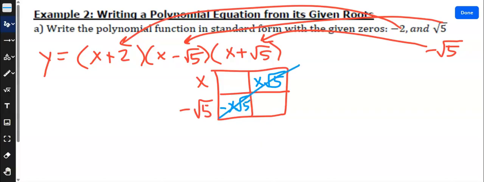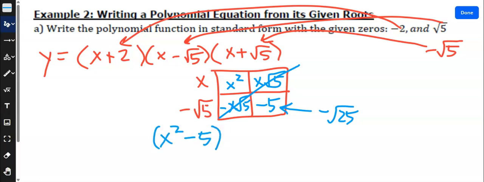Every single time those two cancel out. So really, I'm concentrating on this one, x squared, and then this one down here, which is negative radical 25. Now, what else would we call that? Just plain old negative 5. So now I have x squared minus 5 times the x plus 2 that we brought from the beginning.